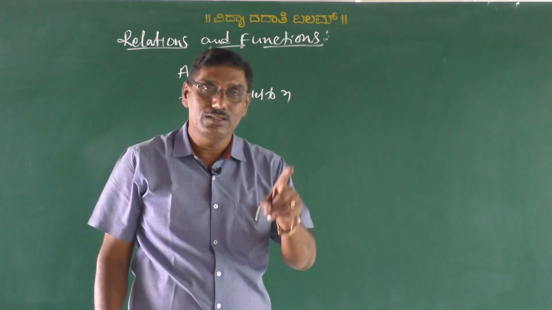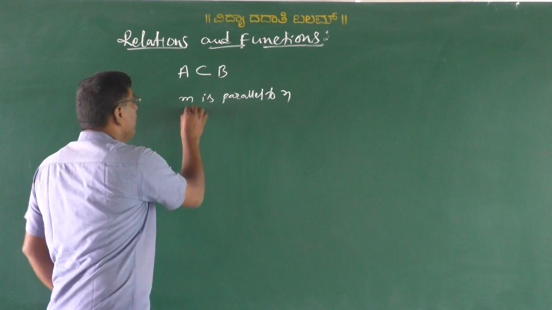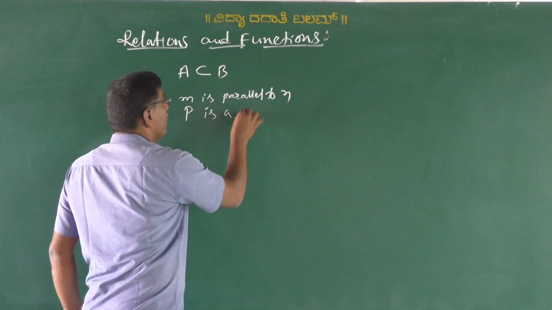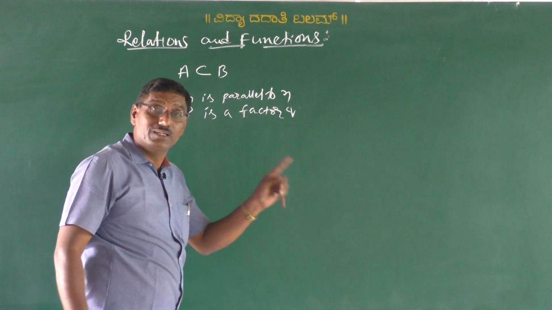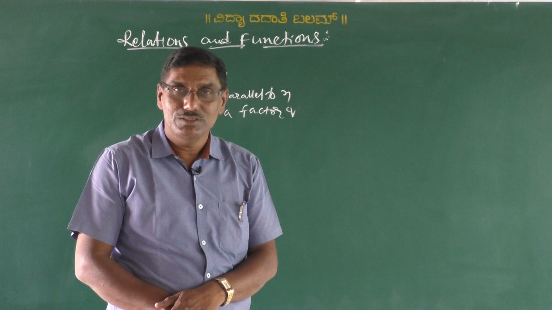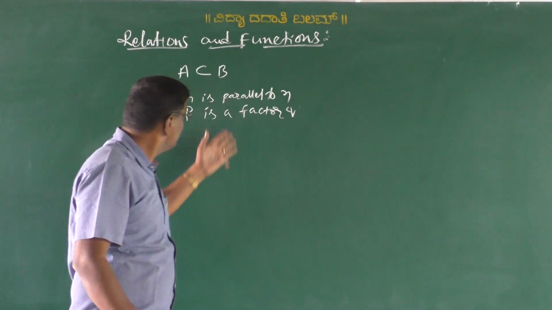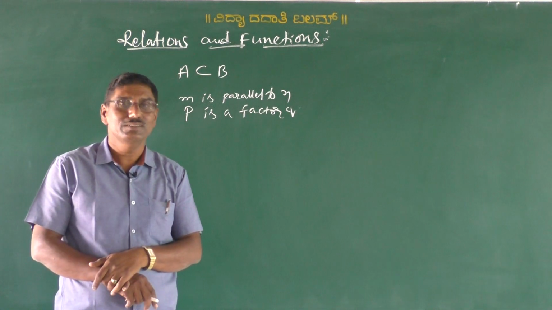The line M is parallel to N. P is a factor of Q. P is a factor of Q, isn't it? Such relations we see in mathematics, isn't it?